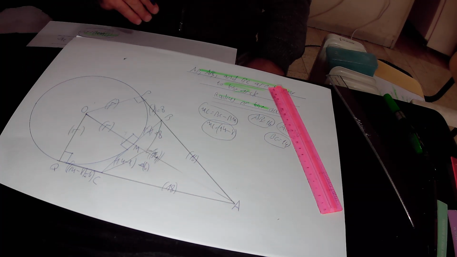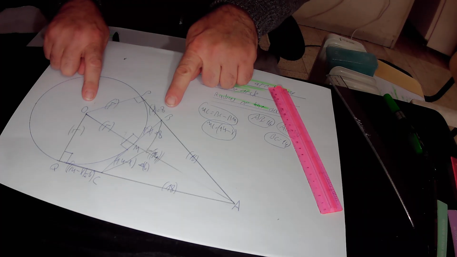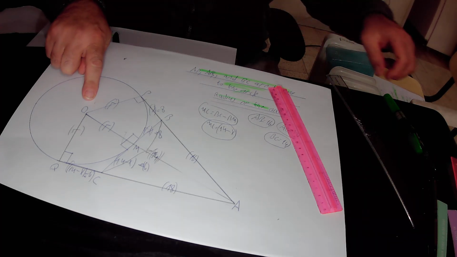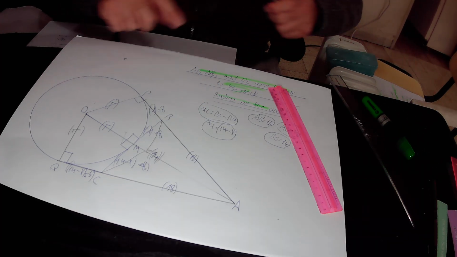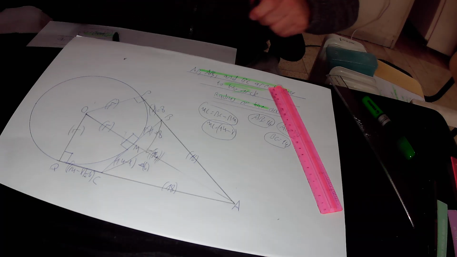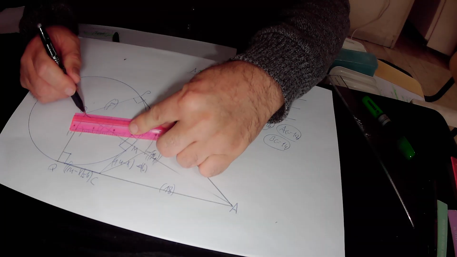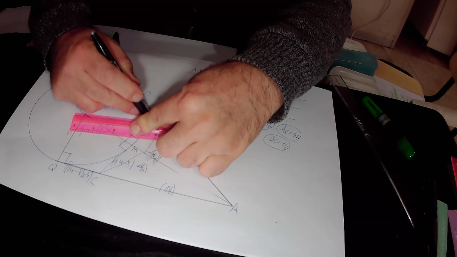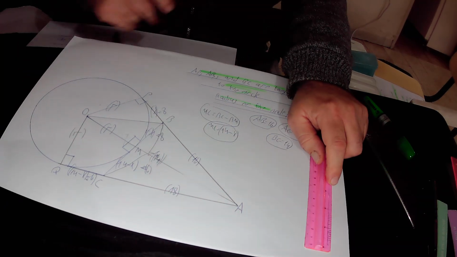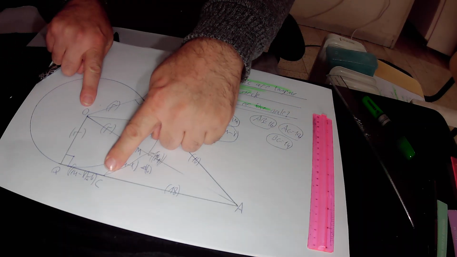In the next step, we will join points O and B together by a straight line. Likewise, we will join points O and C together by a straight line.